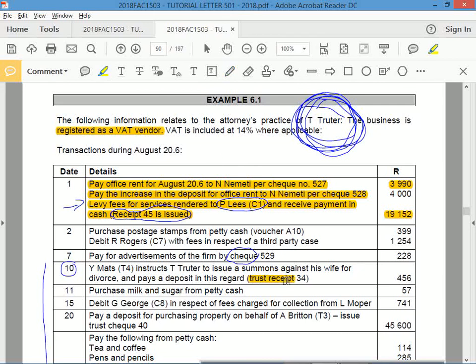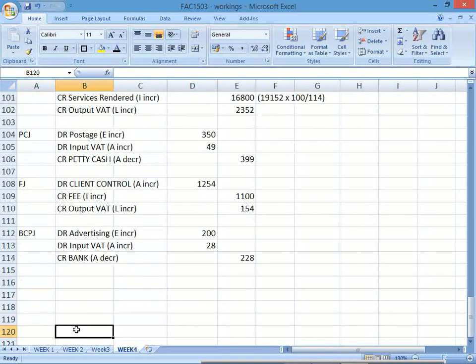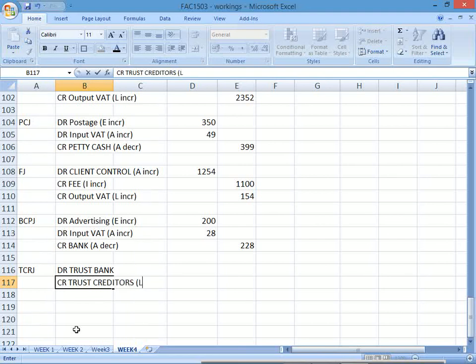Trust receipt. Okay, it doesn't always have to be that easy. If they gave you just the instructions, then you would have gotten this. Trust CRJ. You would have debited the trust bank. You would have credited the trust creditors, liability increase.